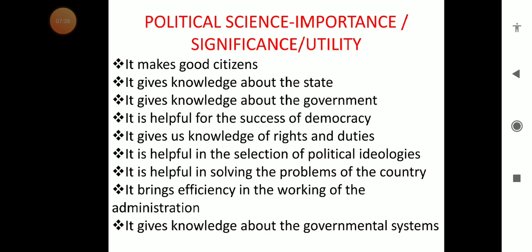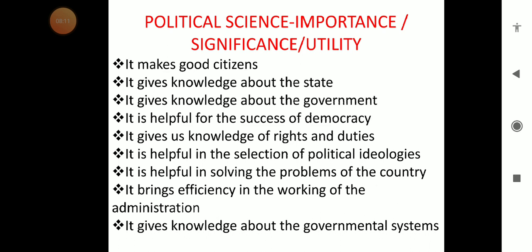Let's move to the next point. It gives us knowledge of rights and duties. Every state gives certain rights to the people, and also certain duties. As we have our fundamental rights in the third part of the constitution, right? And we also have duties in part four A of the constitution.